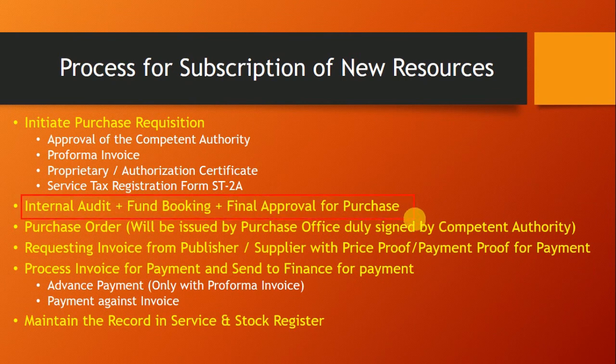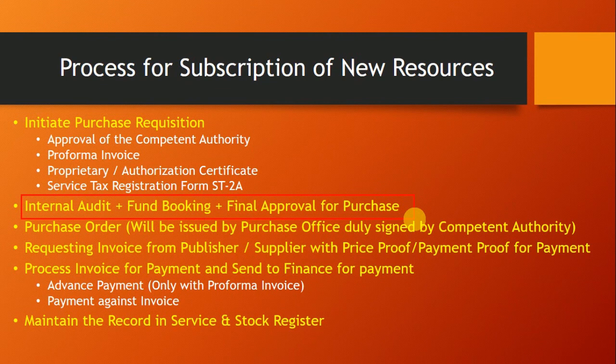further the fund is booked accordingly, because once it is audited, it is confirmed that yes, it goes to the finance department. There the booking of the fund is done based on the budget availability, and finally approval is given that the item or the product can be purchased for this particular year.